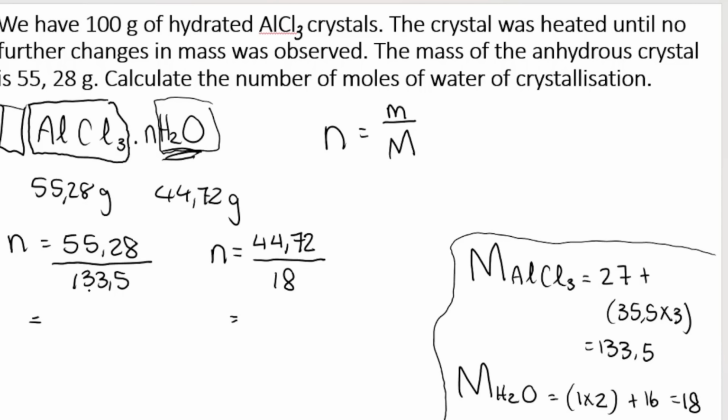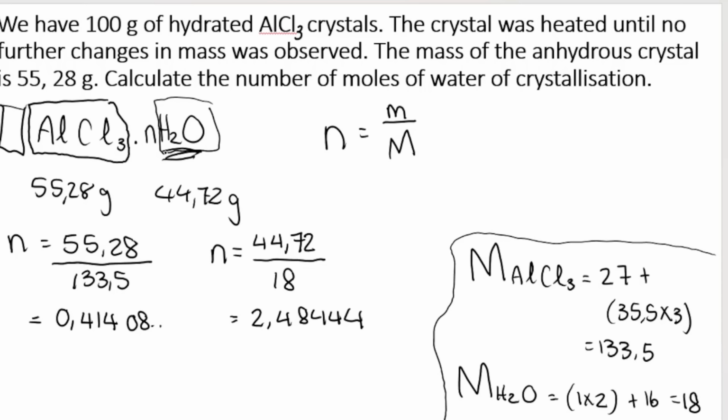I divide it by the molar mass, which I've done on the side here. I got these values from the periodic table, and then I work out the number of moles. Remember, we're not going to round off yet. There I've worked out the moles of my anhydrous crystal. So in other words, using the 55,28 grams because that does not contain the water. Therefore, I divided it by the molar mass of just AlCl3.